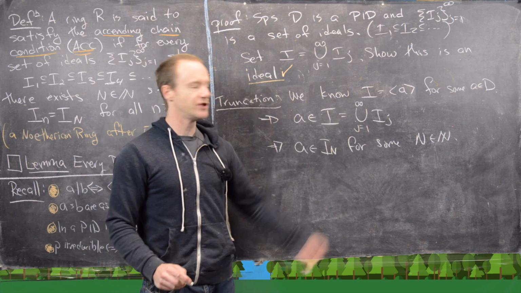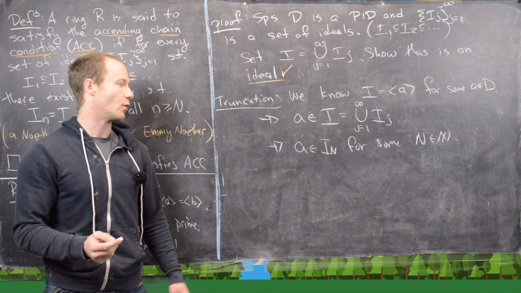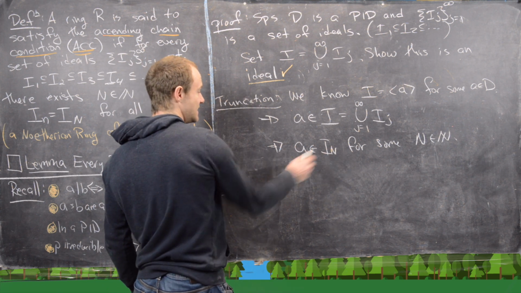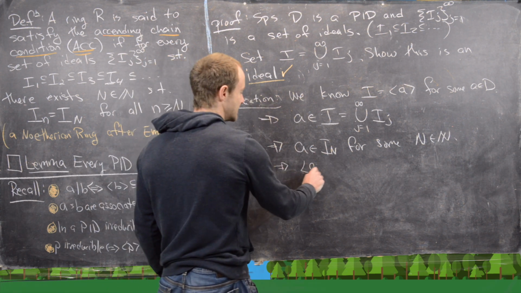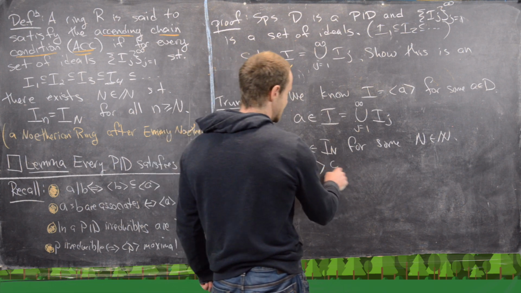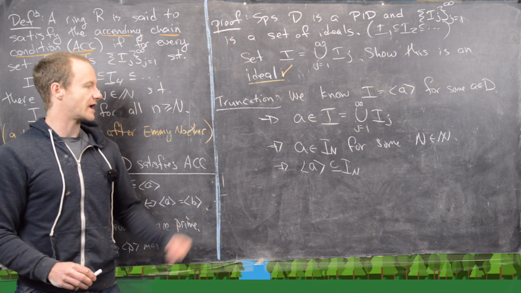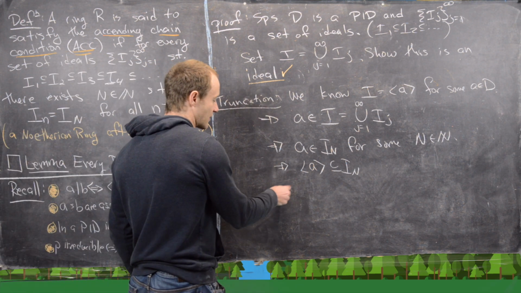So if you're in a union of a bunch of sets, then you have to be in one of the sets at least. Great. But if A is in this ideal, then that means the principal ideal generated by A is a substructure of this ideal. Okay, good.